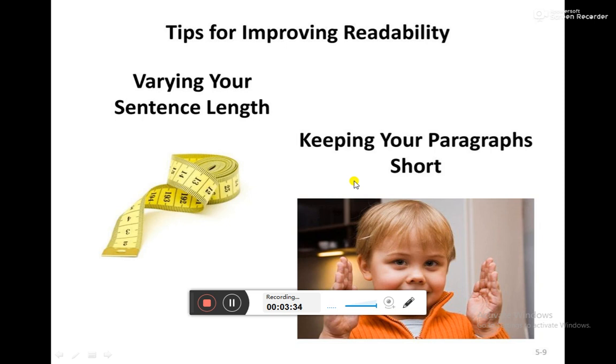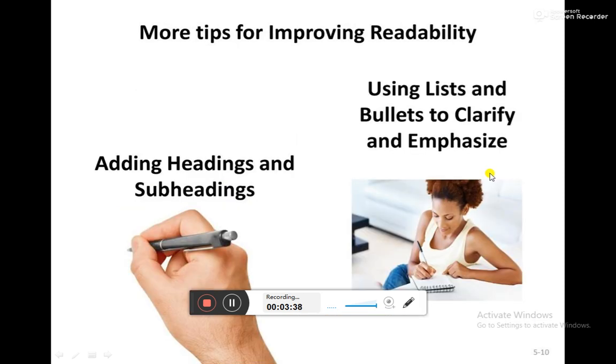If we look at another slide here, using lists and bullets to clarify and emphasize. In some instances, a list can be more effective than conventional sentences and paragraphs.